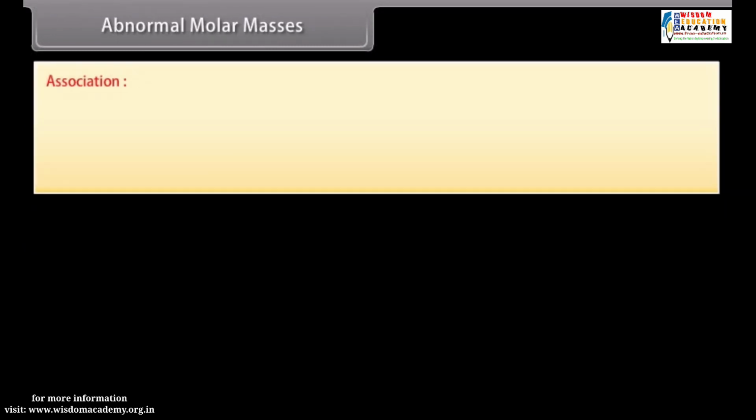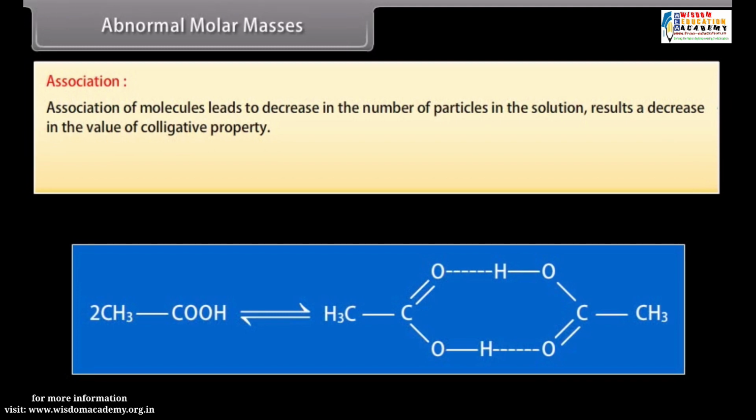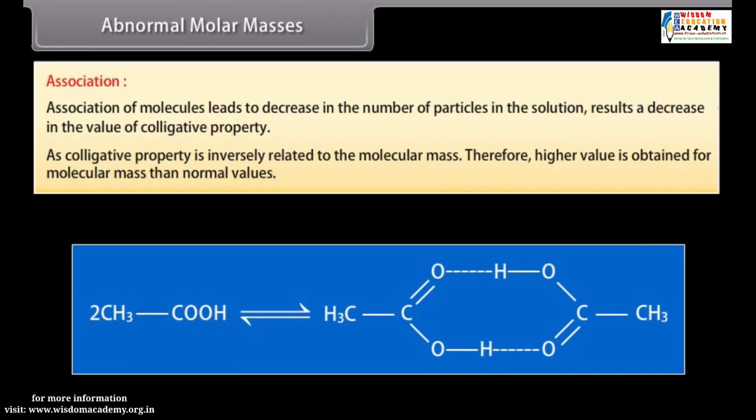Abnormal molar masses. Association. Association of molecules leads to decrease in the number of particles in the solution, resulting in a decrease in the value of colligative property. As colligative property is inversely related to the molecular mass, therefore, a higher value is obtained for molecular mass than normal values.